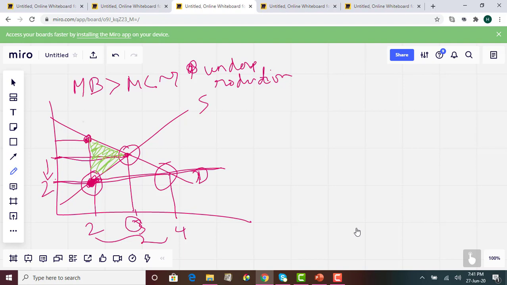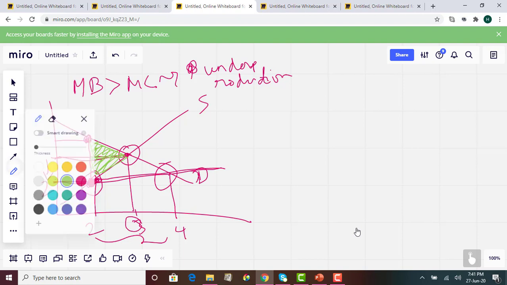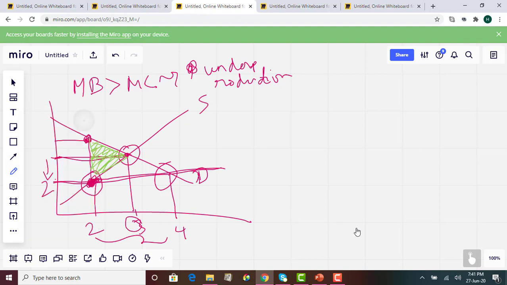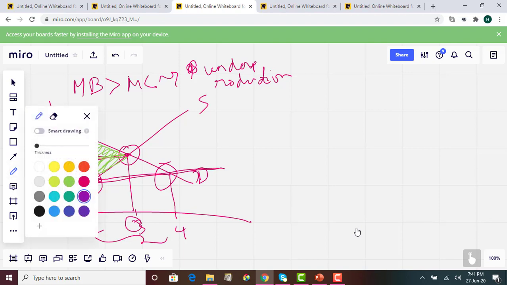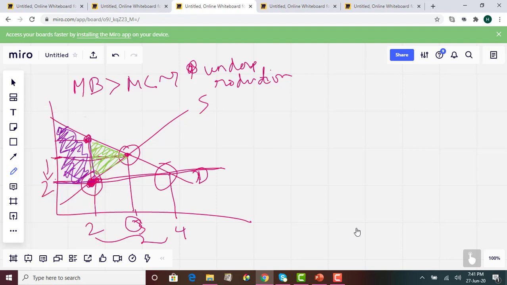Then from here the deadweight loss is basically this whole part. So this triangle and this triangle reflects the deadweight loss, because now your consumer surplus has decreased. Your consumer surplus is this part, and because your price is here, your consumer surplus will go all the way up to here, and your producer surplus will be diminished very much. So your producer surplus will be only this small portion.